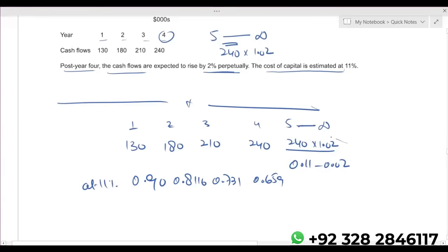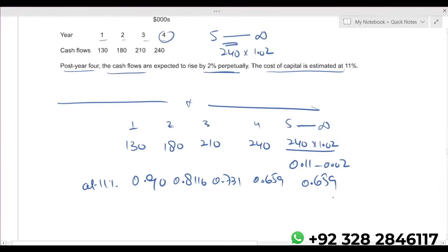Whatever the answer comes of 240 into 1.02 divided by 0.11 minus 0.02, that will be discounted by the previous year discount factor, 0.659. For example, if you were using this formula from year 3 onwards, you would use the discount factor of the second year.